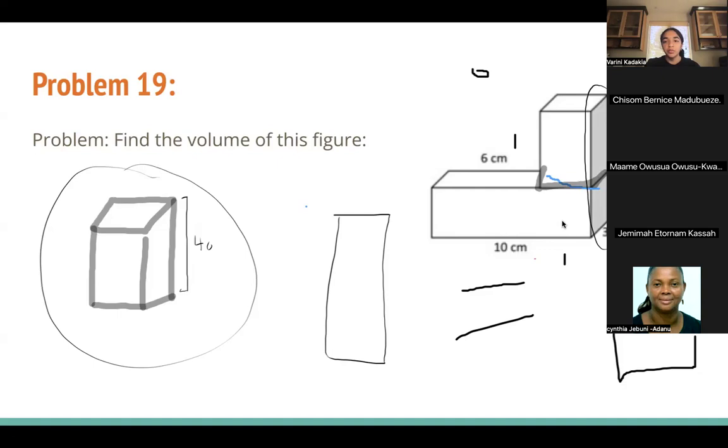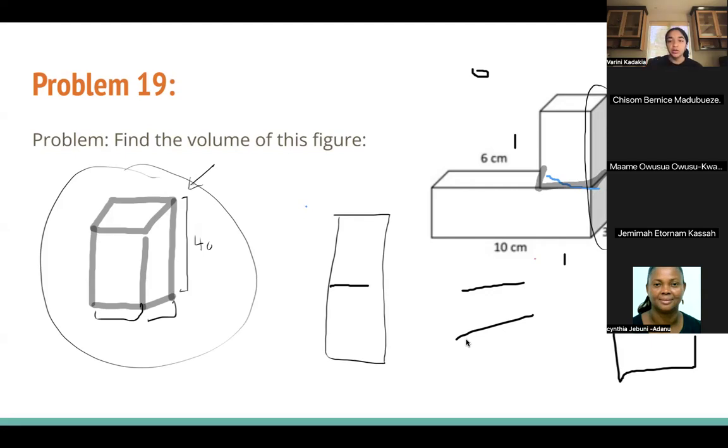So in this case, to find the volume of a regular shape like this one over here, yeah, you just multiply everything together, like all of these together. But then please, why in the old work did you have to divide and subtract? That's the part I didn't understand at all.